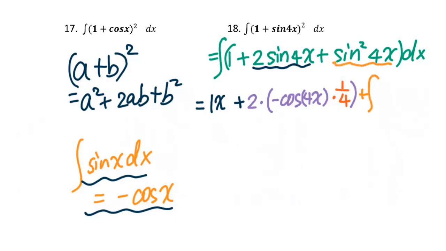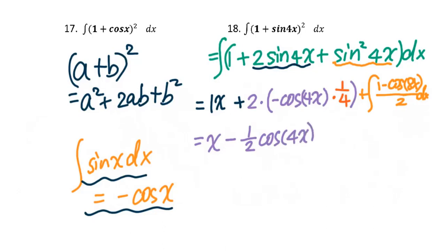For sine square 4x, we will change into 1 minus cosine 8x over 2 dx. Therefore, you will get x plus, no, here's minus because we have negative sign, 1 over 2 cosine 4x. Then plus integral, separate 1/2 minus 1/2 cosine 8x, then dx.